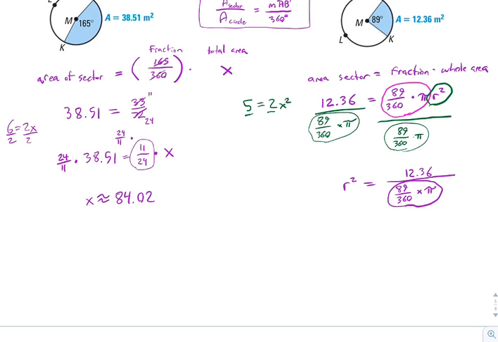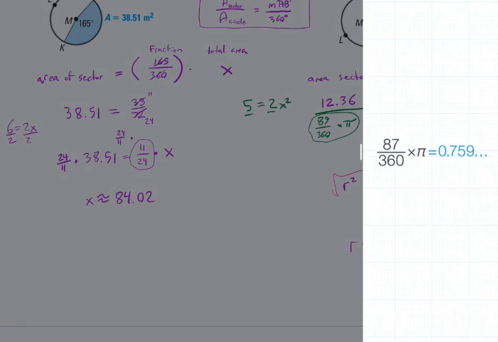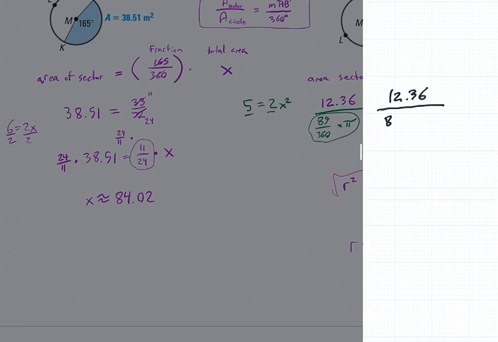Now if I want to solve this, I have r squared, so I just square root it. So r is around, and I'm just going to plug that whole thing in right there: 12.36 all divided by 89 over 360 times pi, and then I'm going to take the entire square root of that thing.